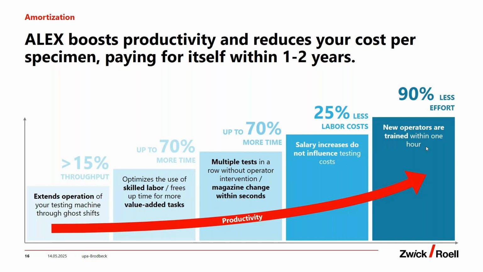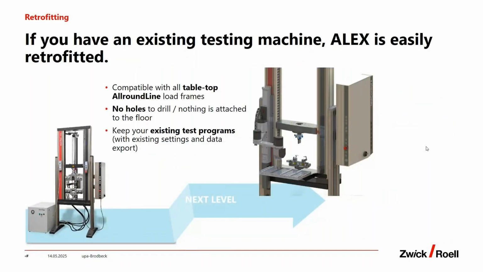How does the system look? You see on the left-hand side a manual load frame. On the right-hand side, you see it equipped with an Alex system. So it is not only sold as a totally brand new system, including a testing machine.